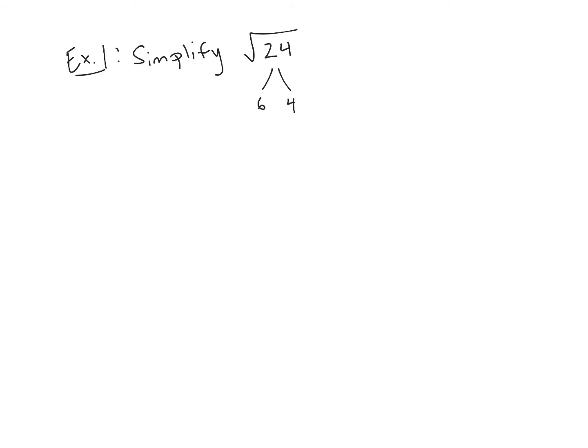And then you're going to think of whether those numbers can break down or not. If the number is a prime number, that means it can't break down any further. But in this case, 6 is 3 times 2, and 4 is 2 times 2. So here we have a pair of 2's. What we do when we simplify radicals, this is a square root, so I'm going to circle my pair of 2's.